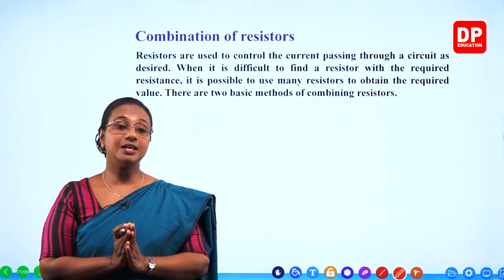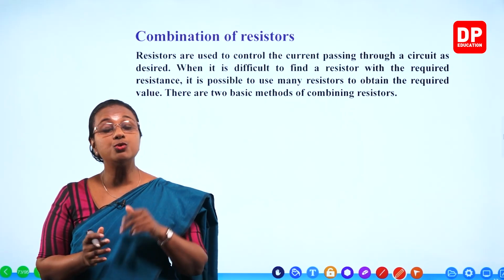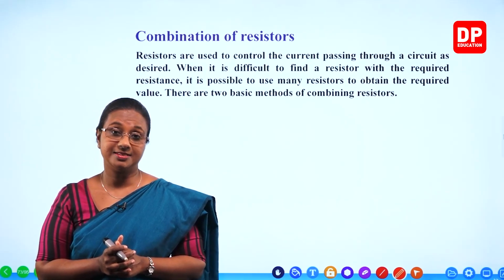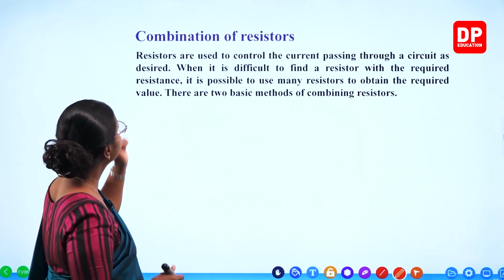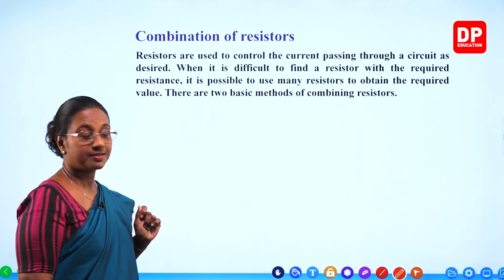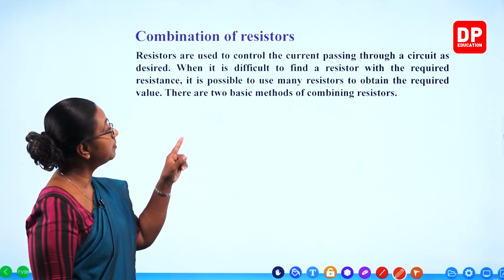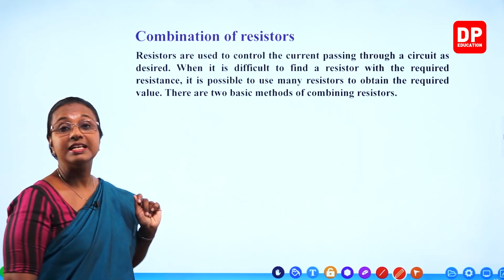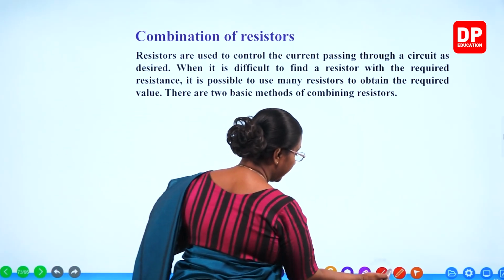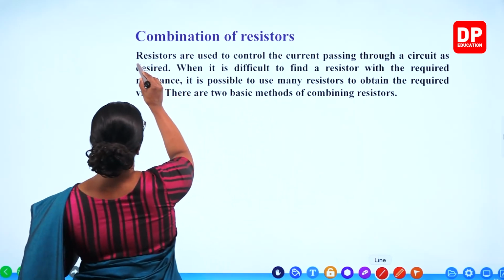To get this equivalent resistance, there are two ways of combining resistors. That is what we call the combination of resistors. Resistors are used to control the current passing through a circuit as desired. So that is what I explained to you all. You all know this.